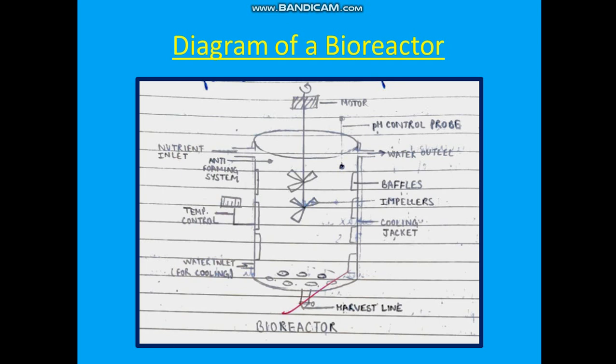Then additional ports can also be there, like a nutrient port, from where we keep on adding the nutrients. And then our harvest line is there, from where we can take out the contents, take out the products, once the fermentation is complete.